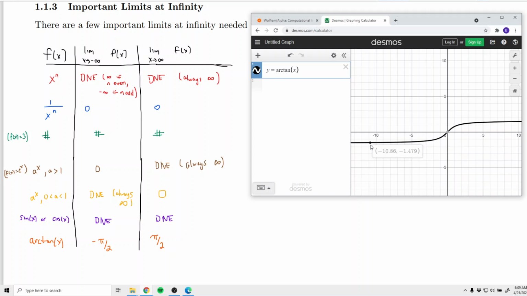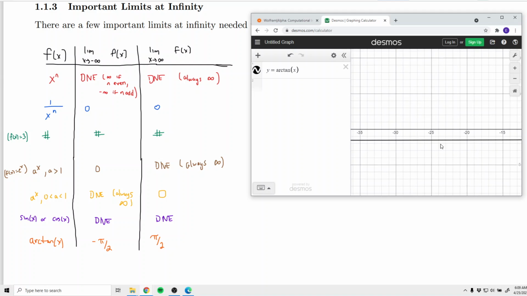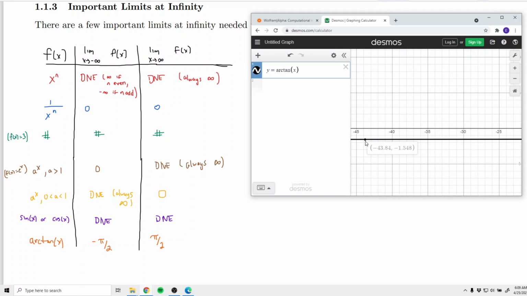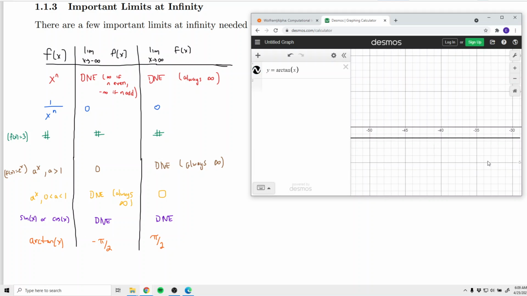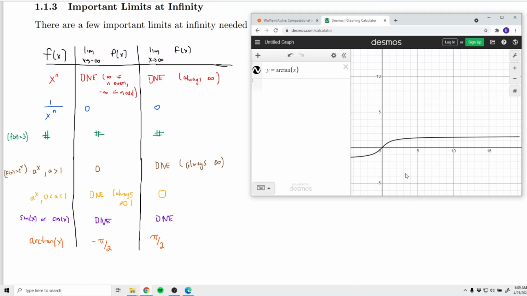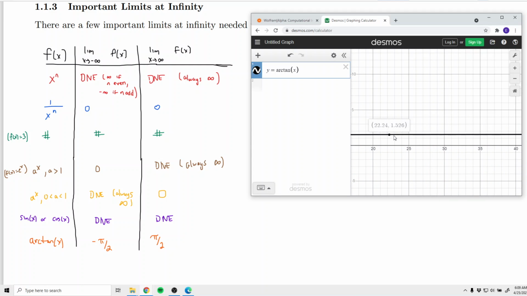And if you look at the y value here as we go to the left, it looks like it's going towards -1.5 something. Eventually, the farther left you go, the closer it'll get to -1.57. So as we go to the left here, arctan goes towards -π/2, but you do need to use -π/2, not -1.57. As we go to the right, it does the exact opposite and goes towards 1.57 or π/2.